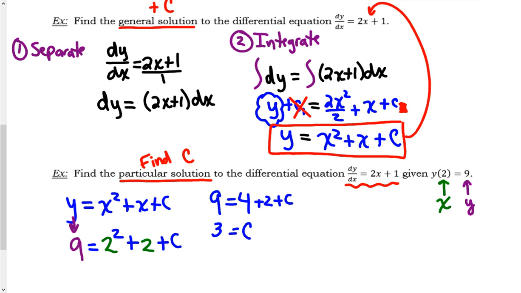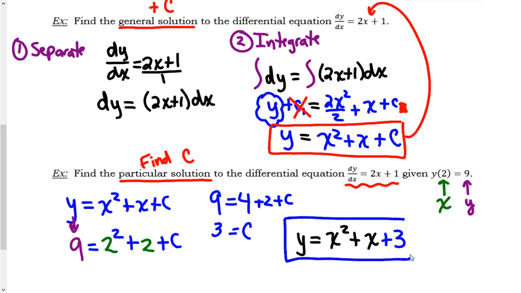So now I can write my particular solution: y equals x squared plus x plus 3, replacing c with the 3 I found. So this is my particular solution at the point (2, 9).